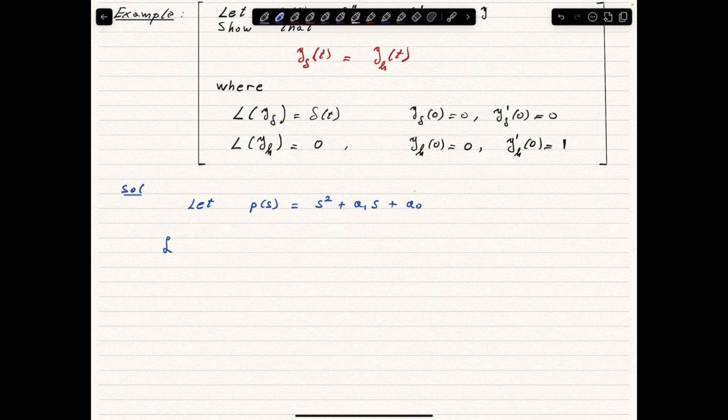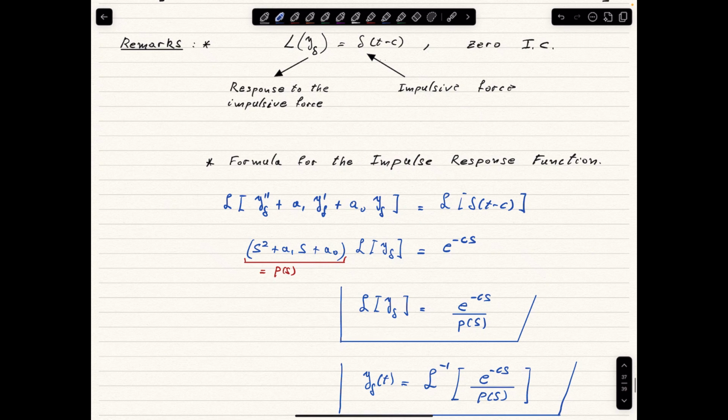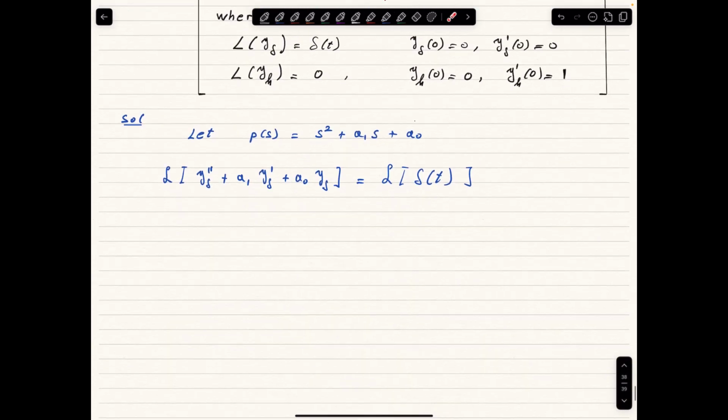The Laplace transform of y delta double prime plus a1 y delta prime plus a0 y delta, the impulse response function, and on this side we have the Laplace transform of the Dirac delta at t equals 0. Then this is equal to 1, because, recall, we have c equals 0, so this is 1.